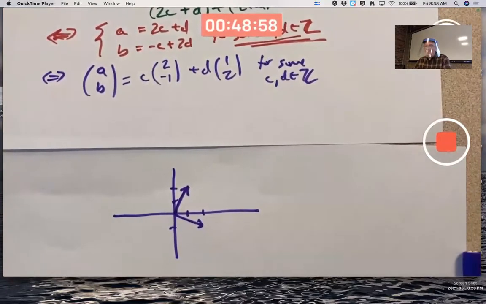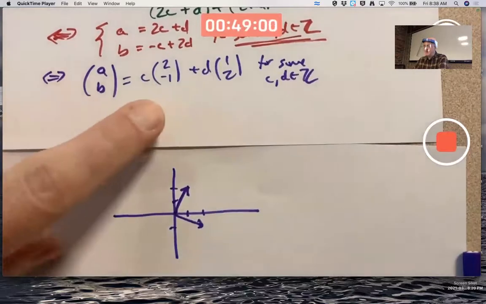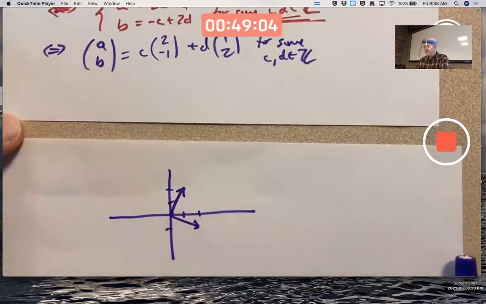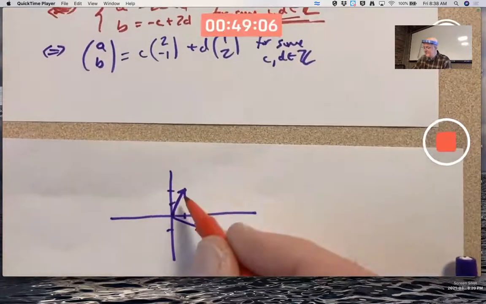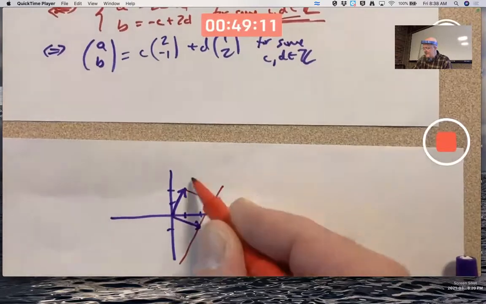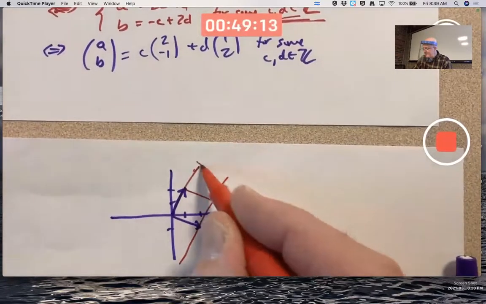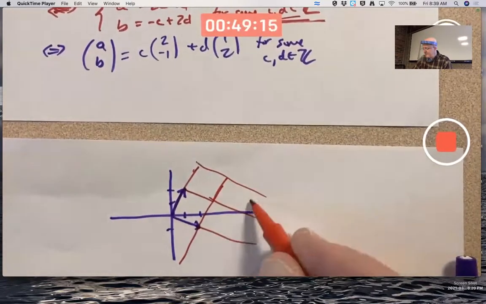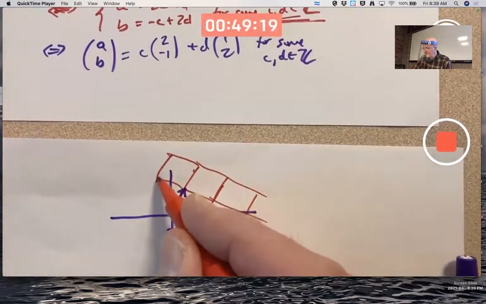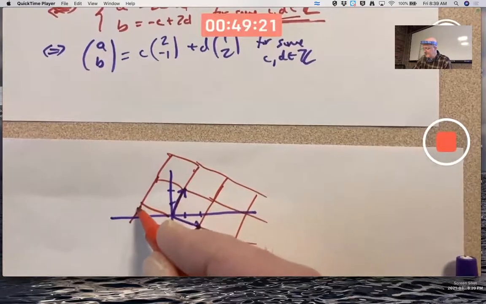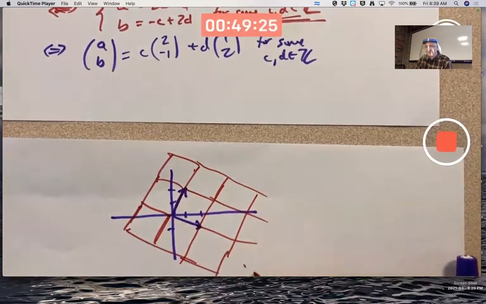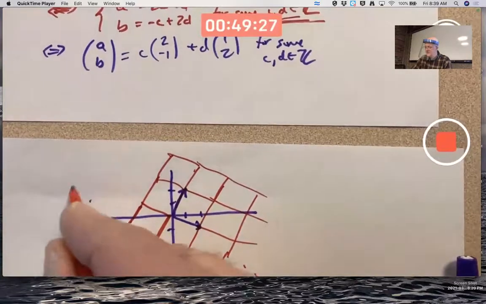What does it mean for a vector AB to be a linear combination like this where C and D are integers? If you make a grid based on these basis vectors, so to speak, that would look about like this. So it's like I'm making graph paper that's sideways, something about like this, and continue it forever in all directions.